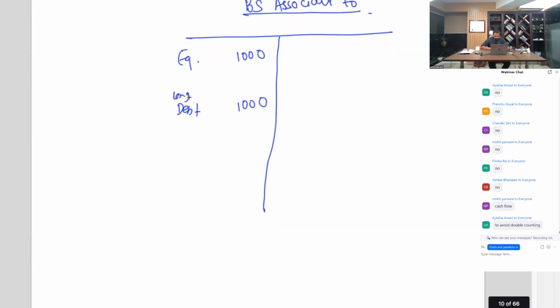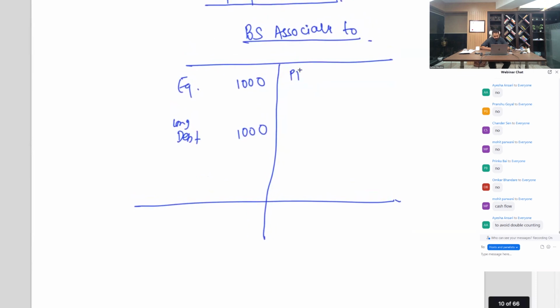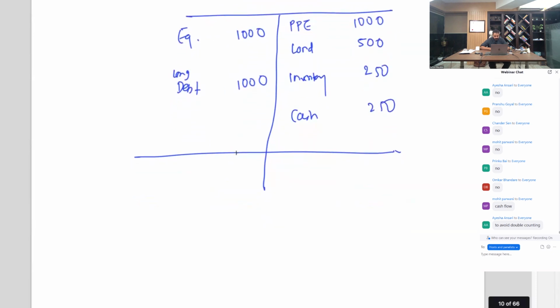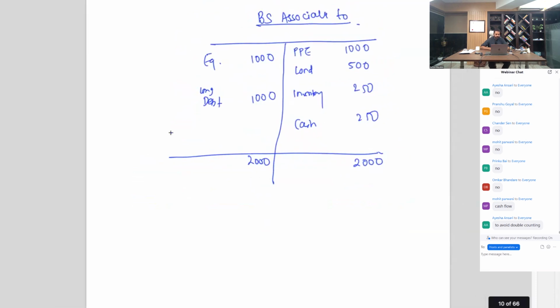Let's call this long-term debt. They have property, plant and equipment of 1,000. I'm going to record land separately. They have land of 500. They have inventory of 250. And they have cash of 250. So our balance sheet is tallying up at 2,000 each.